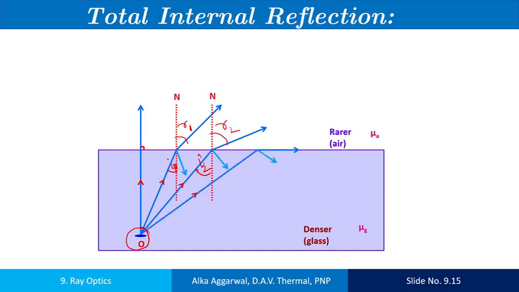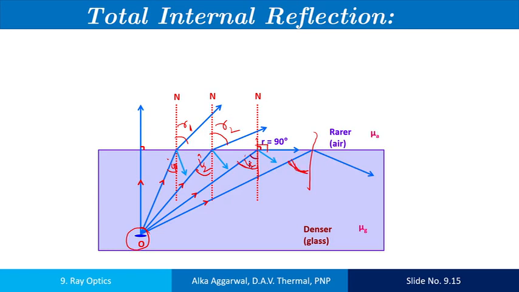Now, the angle of incidence increases further, and say for this angle of incidence, the angle of refraction is 90 degrees. When we increase the angle of incidence further, now this angle is greater than IC.